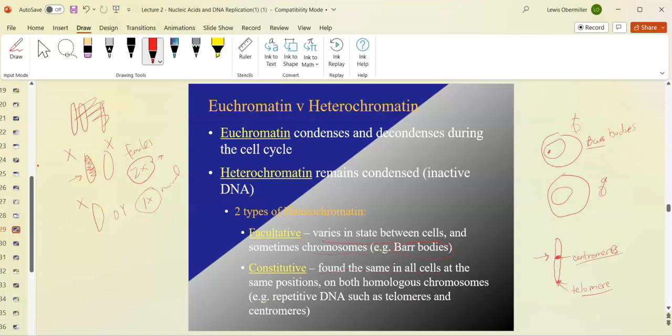These are condensed across all of the same chromosomes. So chromosome number 1 has the same condensed DNA at the centromere, whether it came from mom or from dad. So this would be dad's number 1, mom's number 1. Centromeres are in the same place, and that's constitutive. So make sure you guys know the terms for all of this.